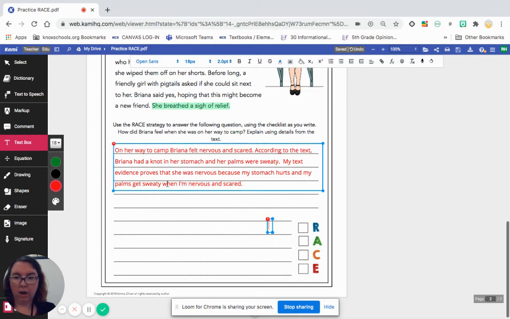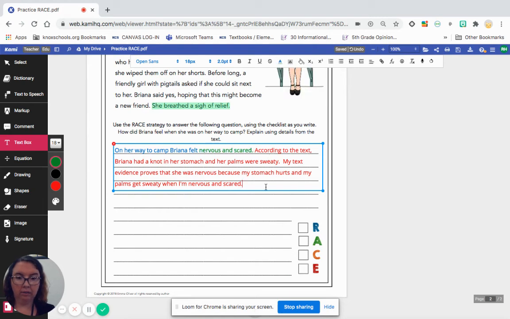Okay, so my R, my restate the question, is in blue. On her way to camp, Brianna felt, that's all from my question, right? So I'm going to go over here to the text color and change it to blue. And then this was my answer, nervous and scared, so that needs to be green.